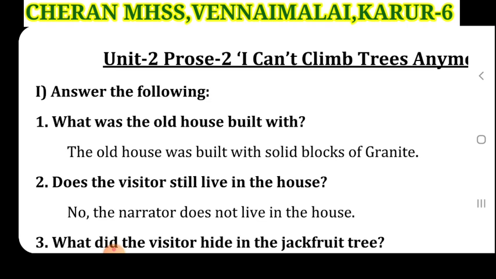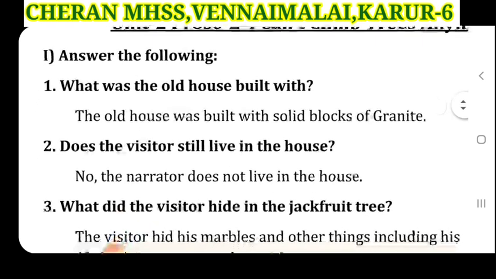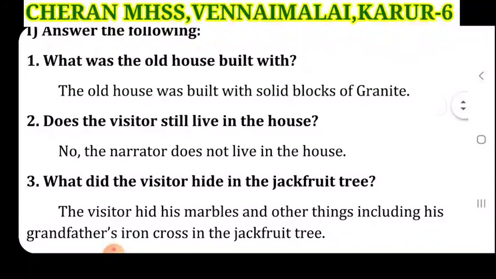First question, what was the old house built with? The old house was built with solid blocks of granite. Second one, does the visitor still live in the house? No, the narrator does not live in the house. Third one, what did the visitor hide in the jackfruit tree?